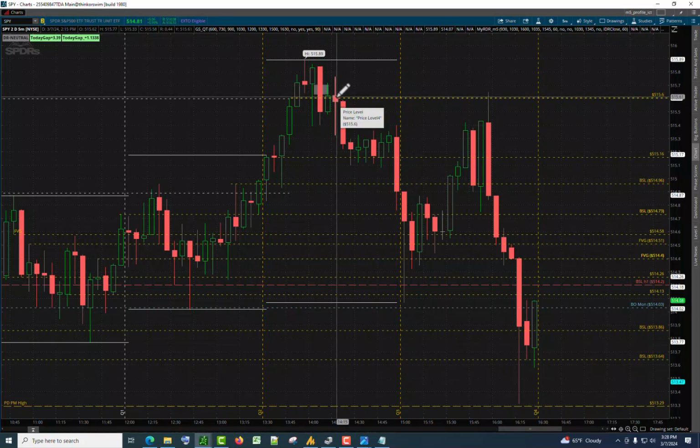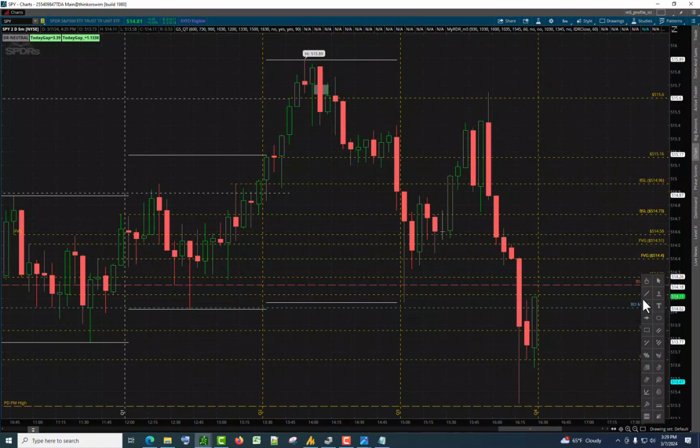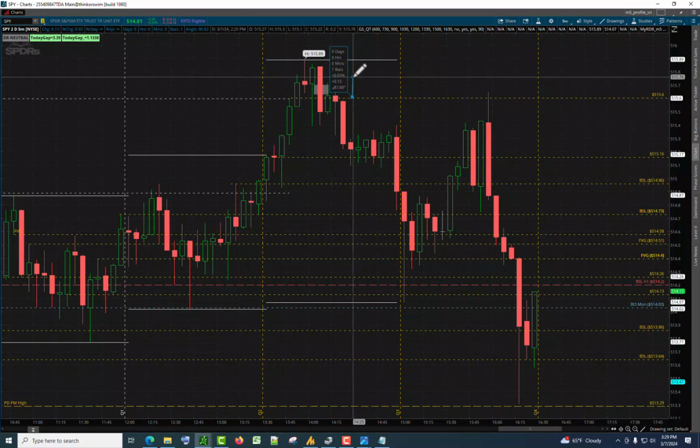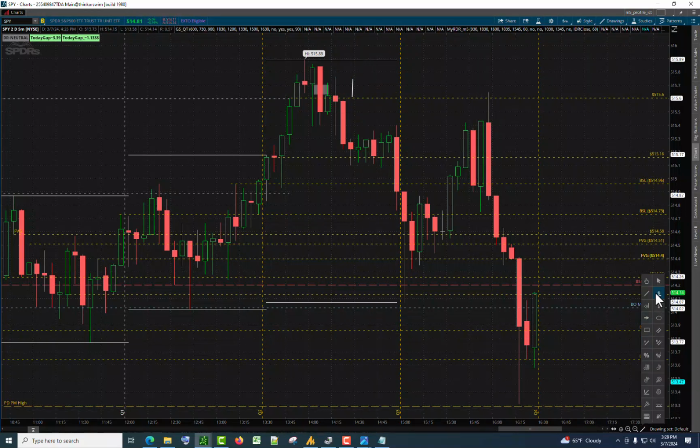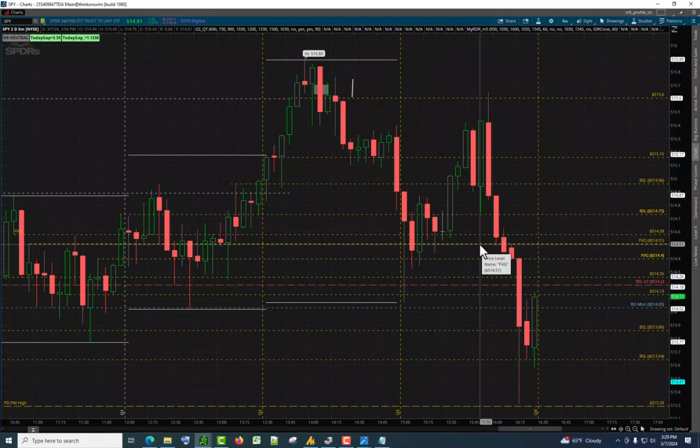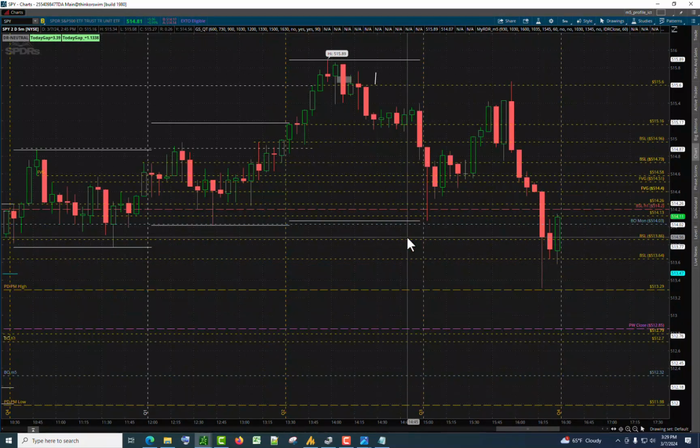We should put a sell stop right there. And remember we aim for this level. It goes to that level.